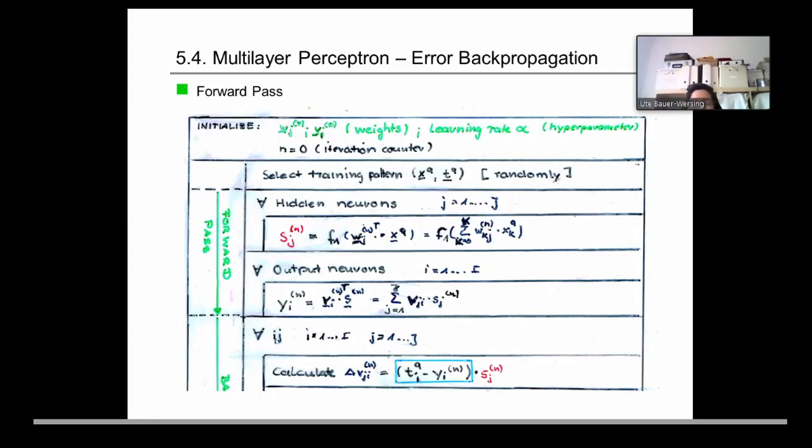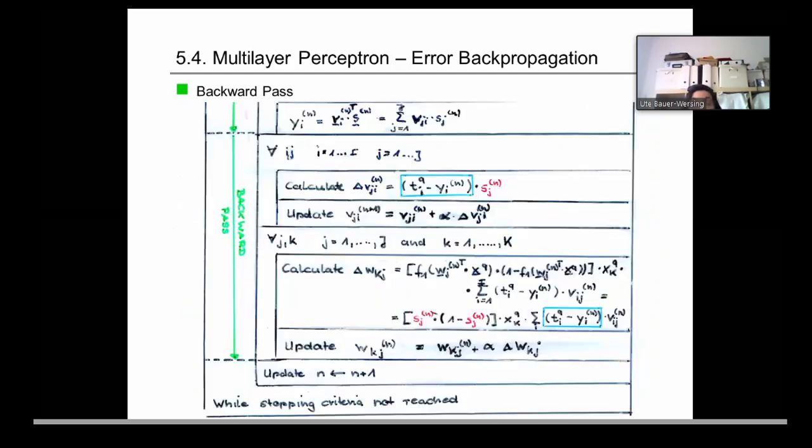Okay, I now switch to the next slide because it didn't fit on one slide. So we've been through the forward pass. Now we have to do the weight vector update, and we do it the other way around. The first thing we do is for all the weights in the output layer.